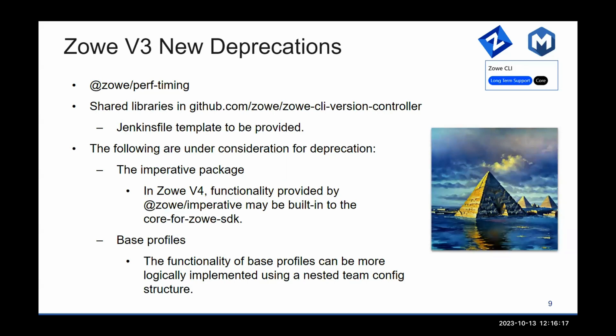It gets complicated. If you use a nesting team config structure, I think it makes a lot more sense. Just logically looking at your team config, you have your LPAR, you have your properties for that LPAR, and you have your services. Base profiles are not really a necessity.